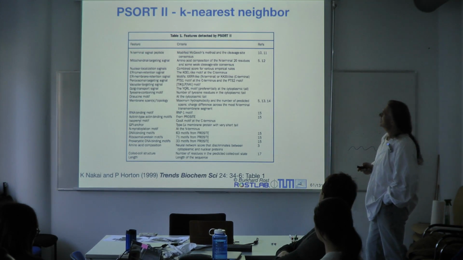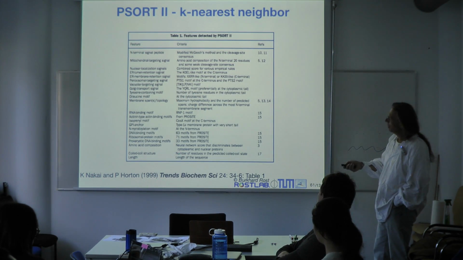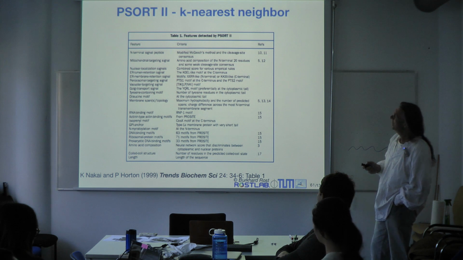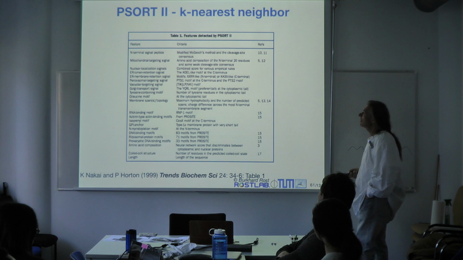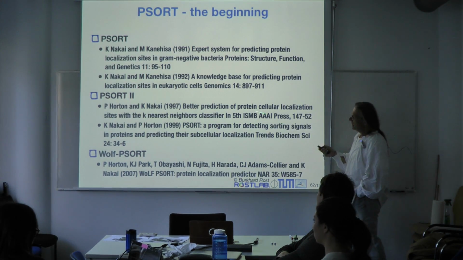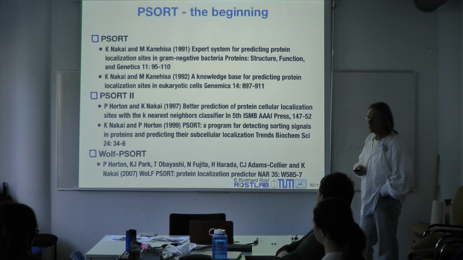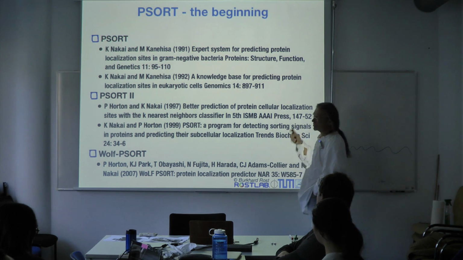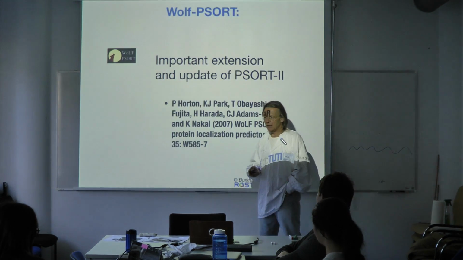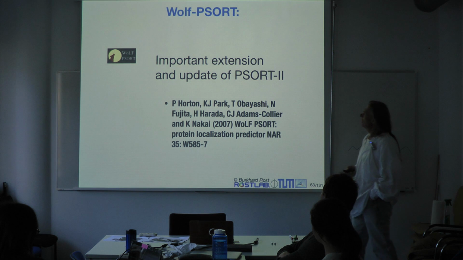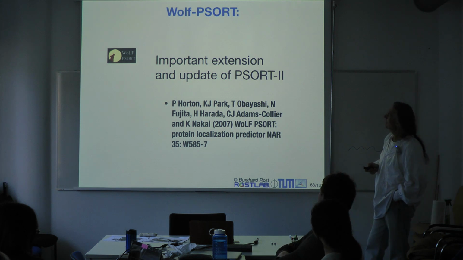Then came machine learning. Paul Horton introduced machine learning in P-sort 2 by having a k-nearest neighbor algorithm implied. And then there's a more recent one that uses everything combined that we currently know. And I cannot remember how Paul is pronouncing this. It's not Wolf P-sort.